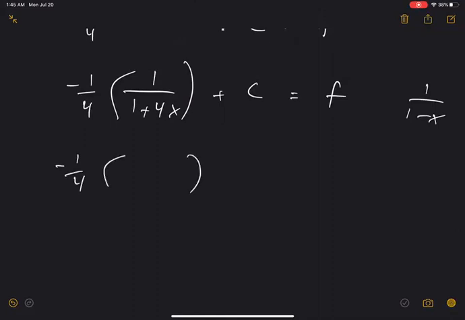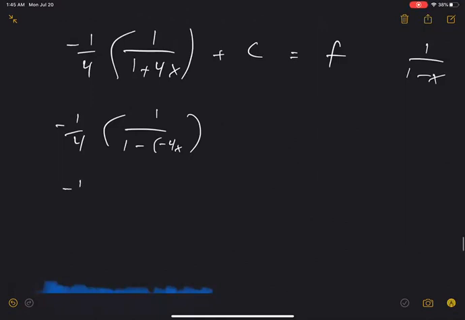And if you have a little practice under your belt at this point in the lecture, you might see the series, but I'll just go through it step by step. I could write that as 1 over 1 minus negative 4x, right? So that should have the series (negative 4x) to the power n.